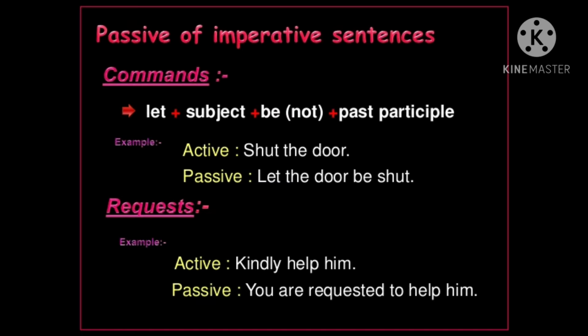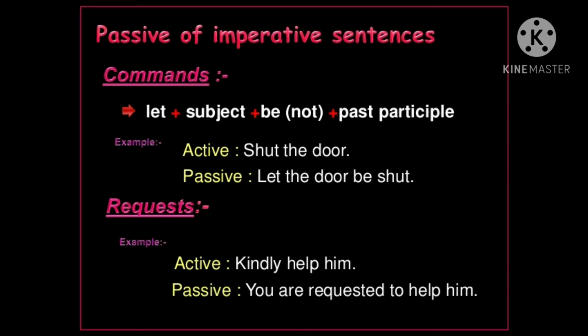For example, if it is written in active voice, shut the door, how will we change it into passive voice? We will write let plus the subject, let the door be shut. So here let plus the door is the subject, be plus past participle.